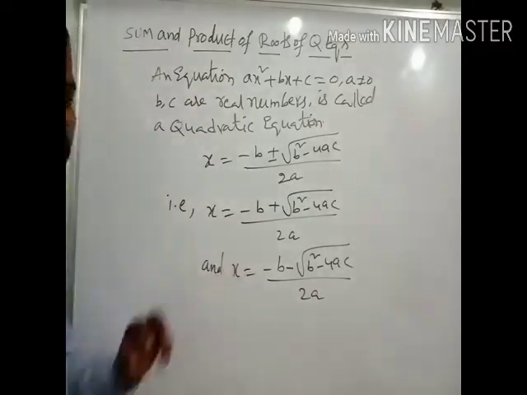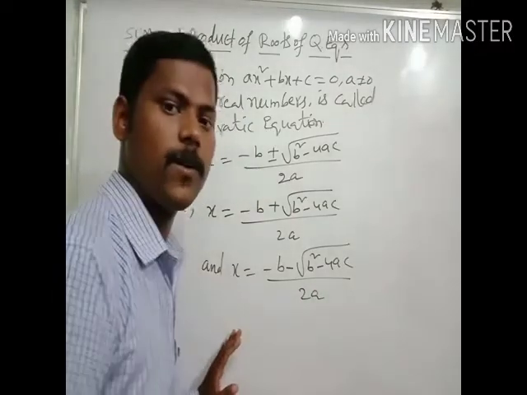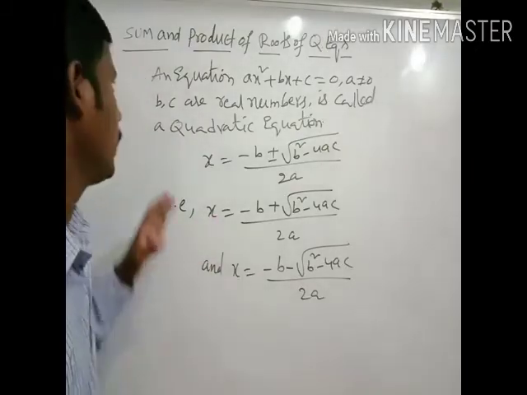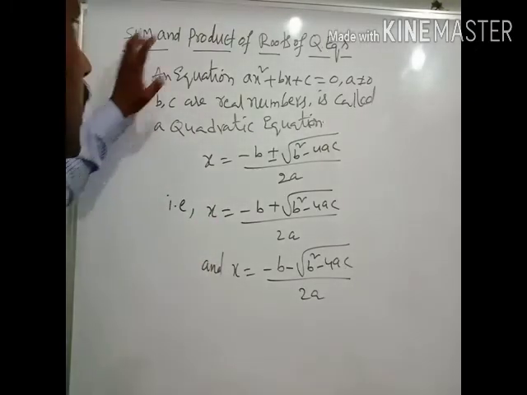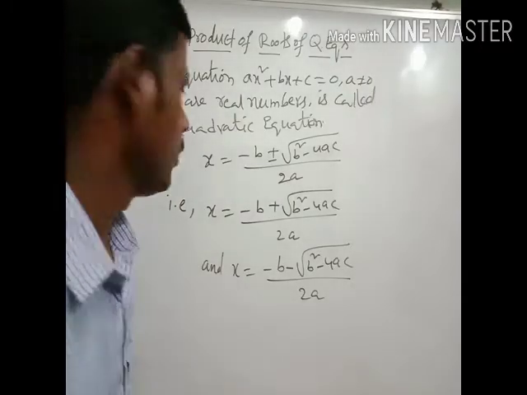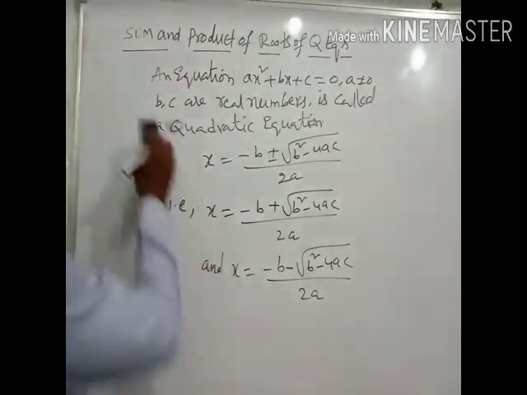These two are called roots of the quadratic equation. By using these two roots, we can derive the sum and product of the roots. Please remember these two roots, children.